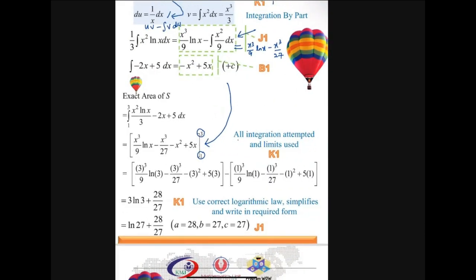This is a very important step. Make sure you substitute the correct limit into your final answer, and you have to simplify. So finally from there we get ln of 27 plus 28 over 27. So the value of A would be 28, the value of B would be 27, and the value of C would also be 27.